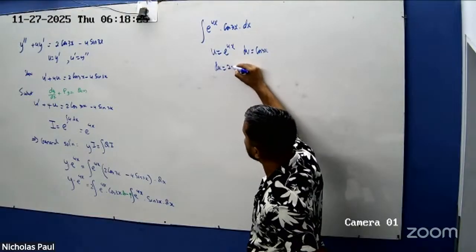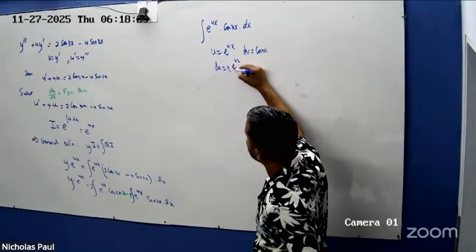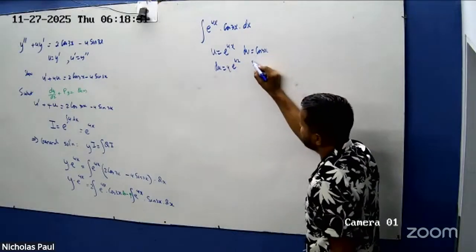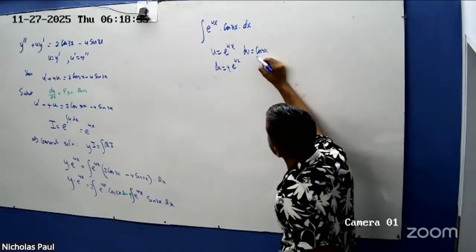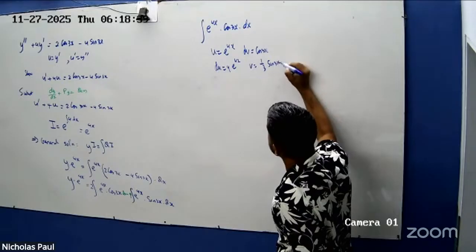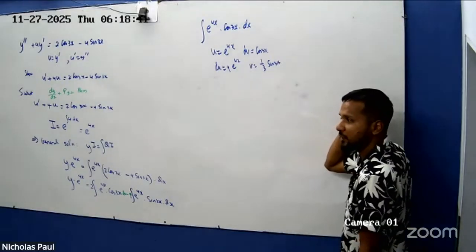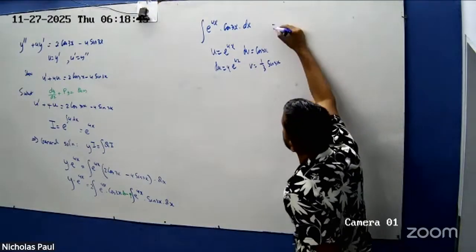So du will be 4e to the 4x, sorry, this will be 4e to the 4x. dv dx here is what? The integral of this is 1/3 sine 3x. The integral of cos is sine. Now substitute it back.